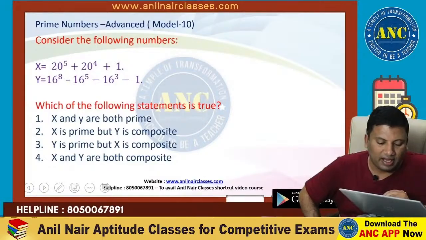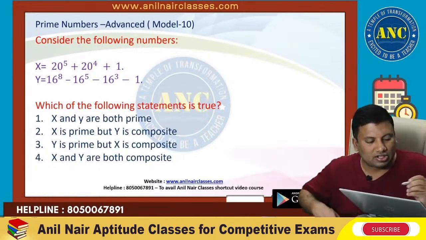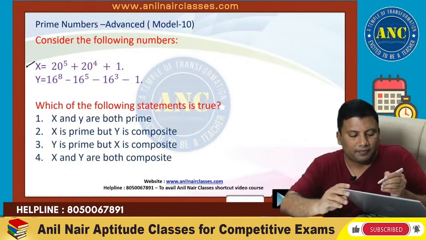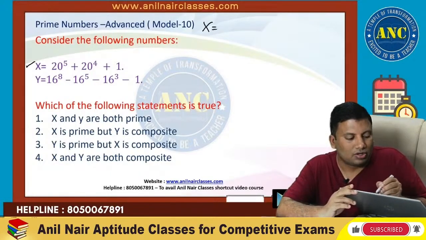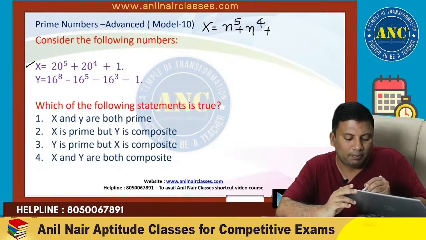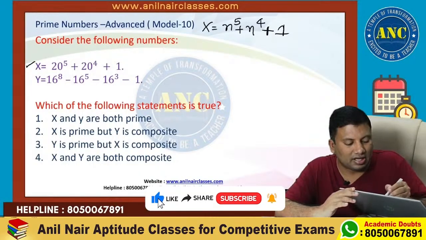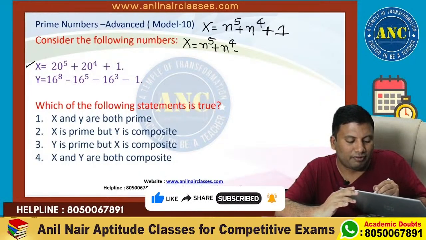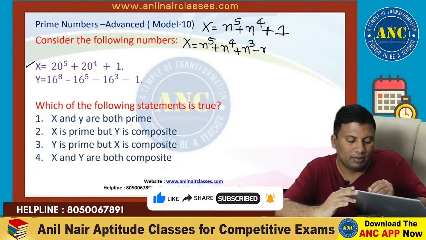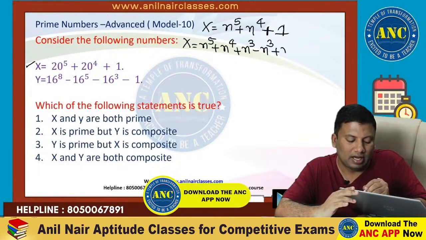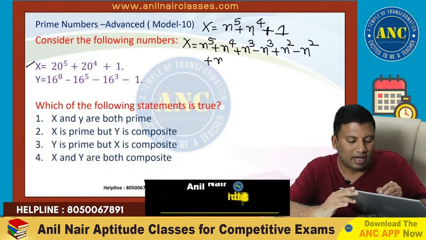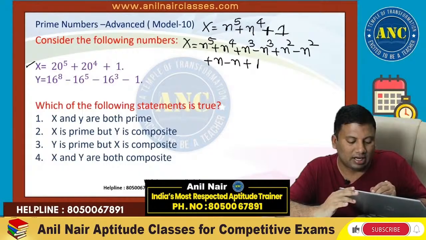This is a very, very good question, sir. Extremely good question. First one, x equivalent to 20, forget about it. It is nothing but n power 5 plus n power 4 plus 1. Can I write it as n power 5 plus n power 4, I will add n cube, I will subtract n cube, I will add n square, I will subtract n square, I will add n and I will subtract n, plus 1?